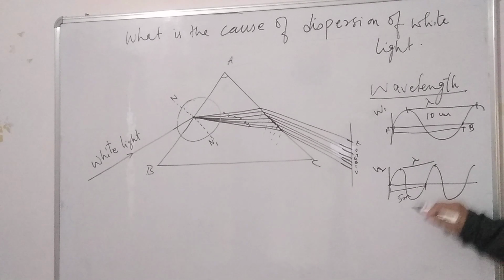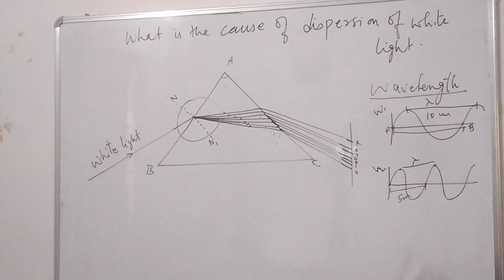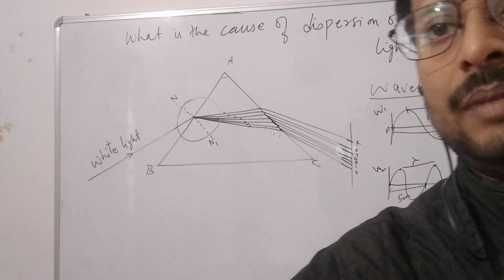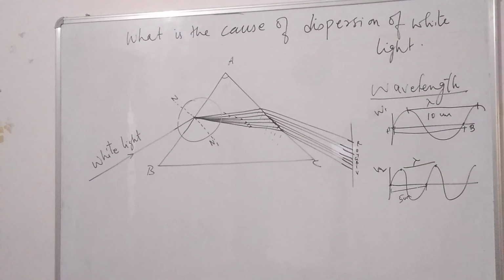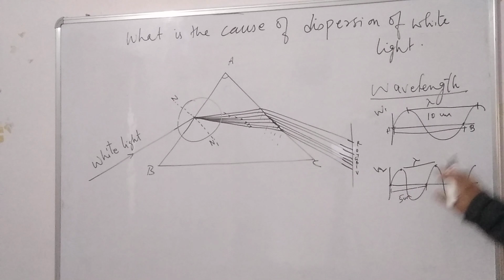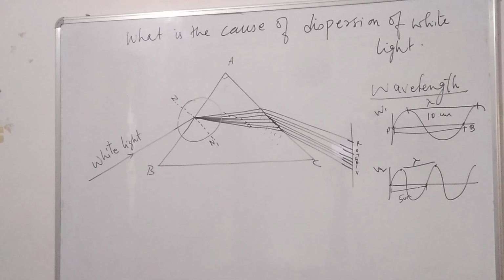Greater the speed, lesser will be the distance covered here. So again, in the wavelength, with slow speed and with greater speed, the waves are very close to each other, in less time it covers more distance, and in more time it covers greater distance.